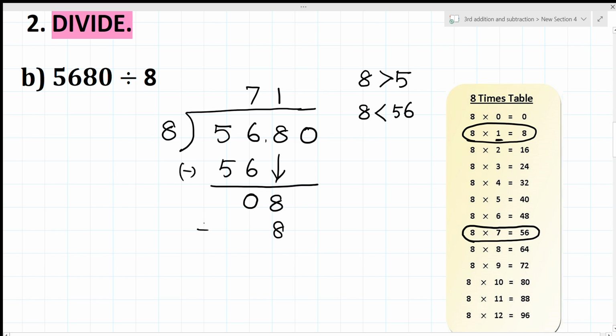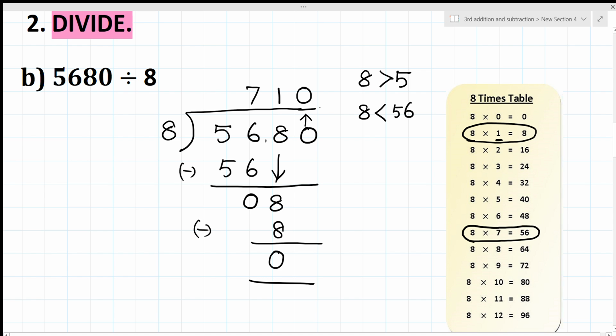Write 1 in the quotient and 8 below the number. If you subtract, what will you get? Yes, 0. Now look at the next digit, children. It is 0. As I told you, if the remaining number is only 0, straight away we can write it in the quotient.